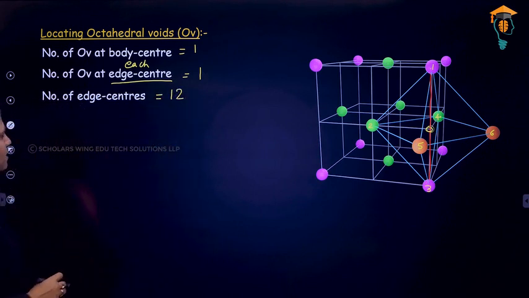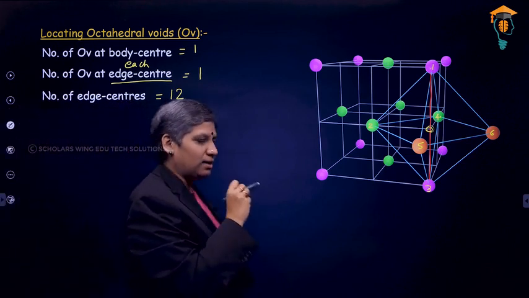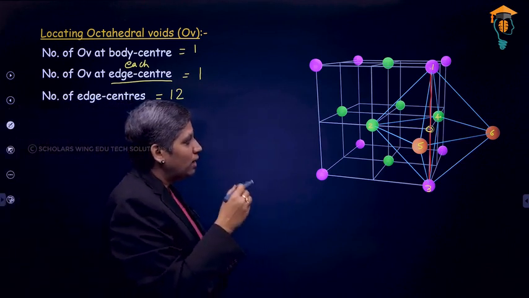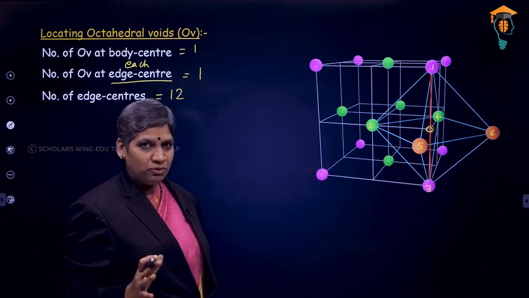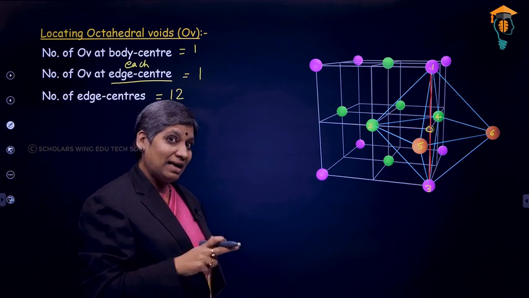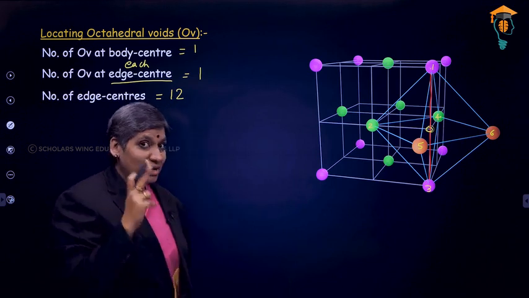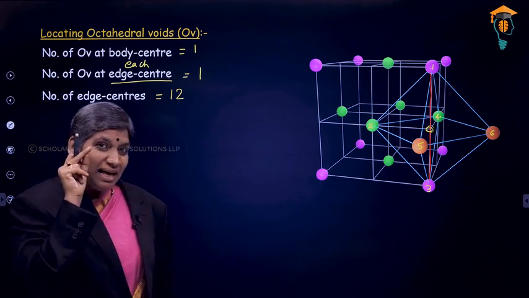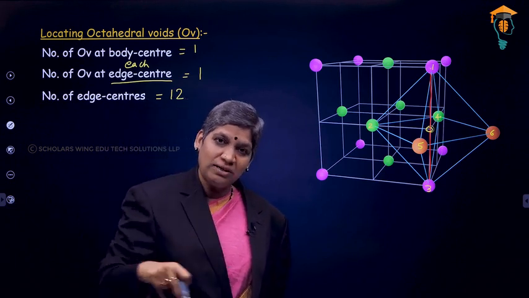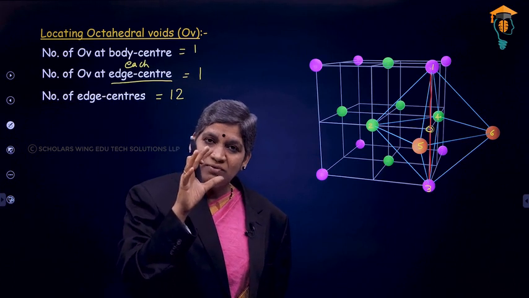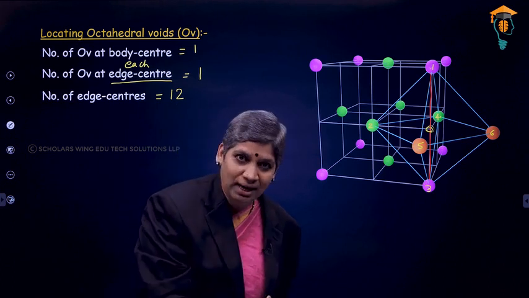Okay. But do you think that edge center, right, belongs to one particular unit cell exclusively? Absolutely not. But whereas when we looked at the body center, I told you that position is at the center of the body of the unit cell. So it exclusively belongs to that unit cell only.